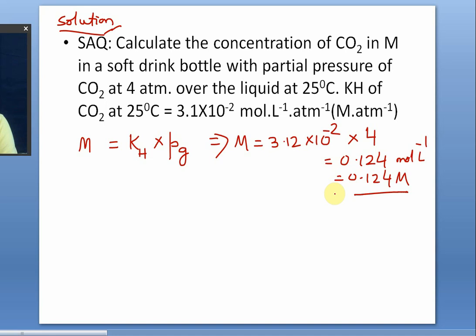Quite an appreciable quantity of carbon dioxide is there. Of course, you might apprehend that carbon dioxide will remain in the form of carbonic acid. Okay, no problem. But the moment you release the pressure, you open the lid with an opener, immediately the pressure will be reduced, the accumulated gas will go out and the solubility will decrease.